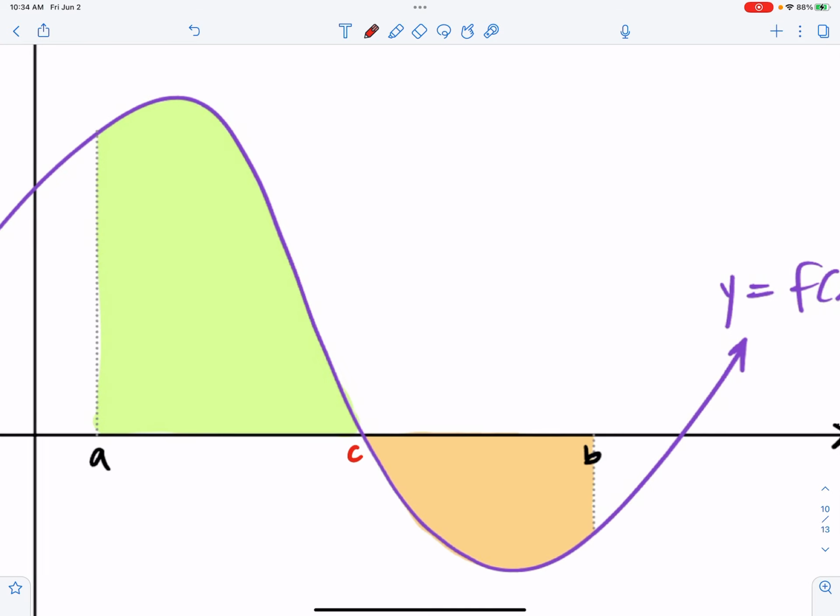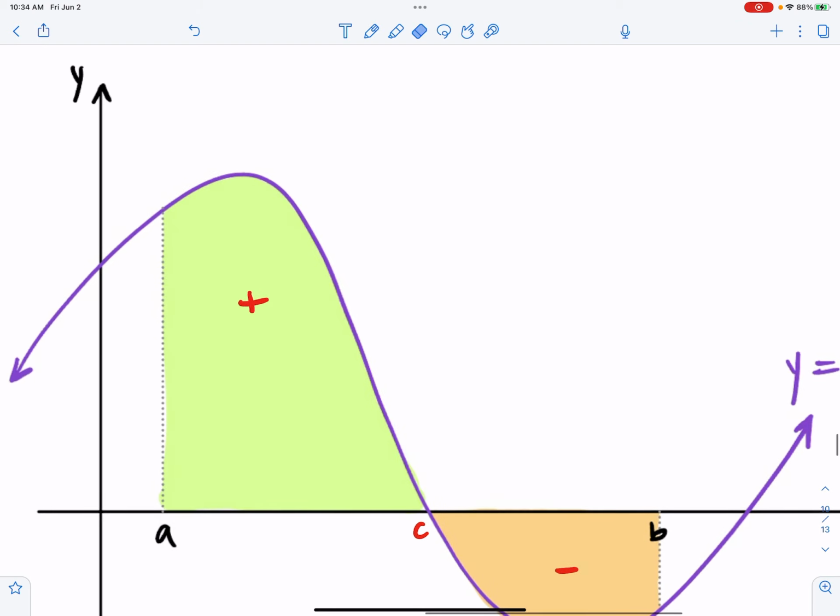What I mean by that is this would represent positive area. And then what I have shaded in orange, from c to b, I refer to as negative area. It would represent a negative value.